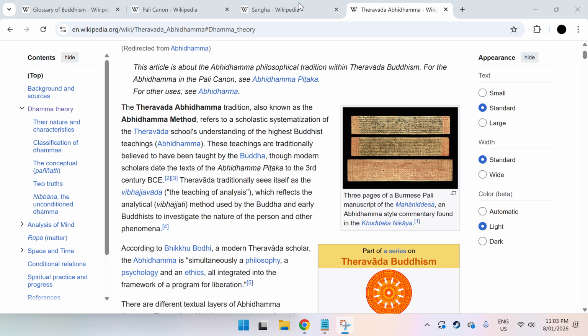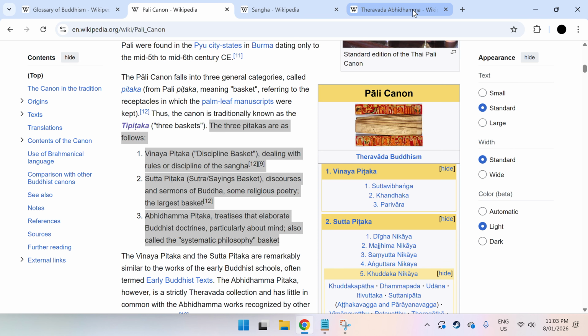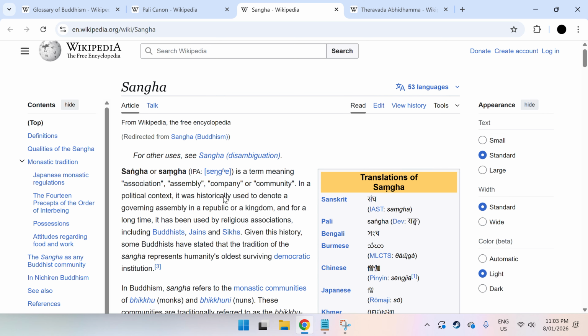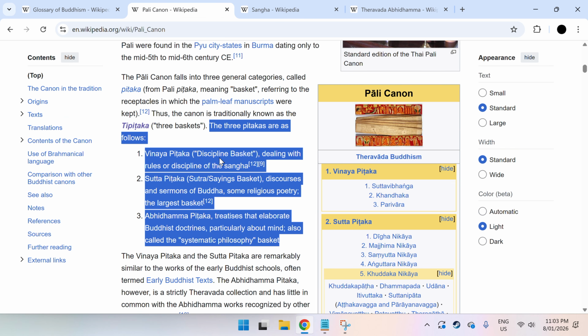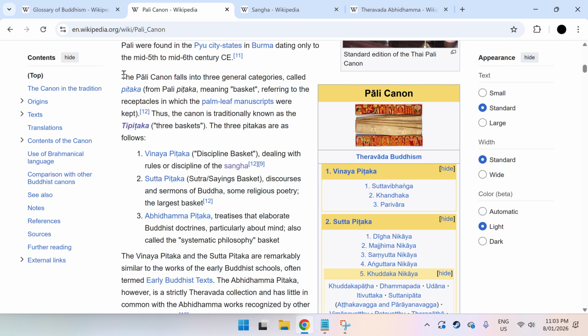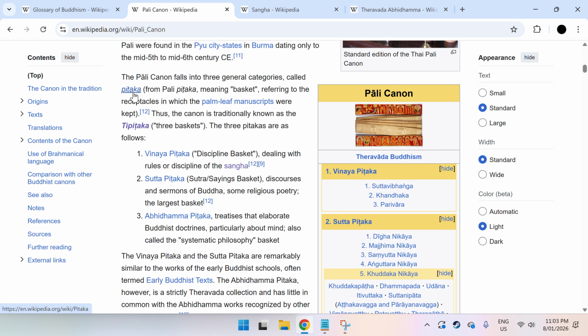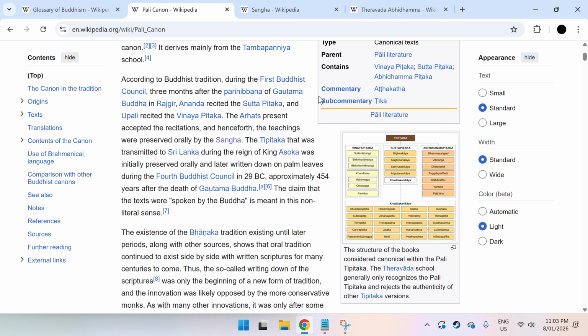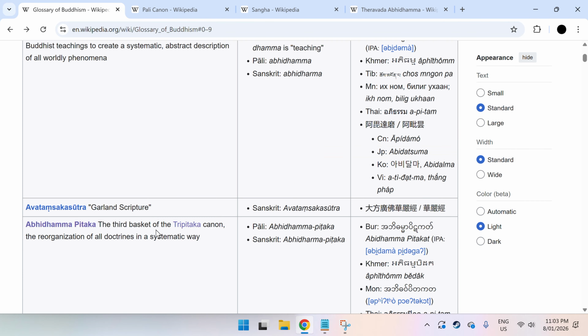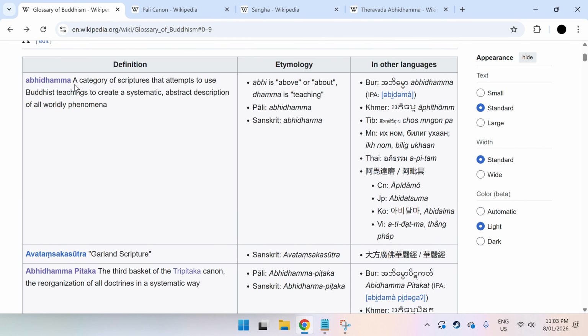So, if we look at this one, go here, where is it? Sangha, I think I've lost it now. This here, the Pali Canon, 3 general categories. They're all Pitaka. But I don't know if that's different from that. It seems to be the same.